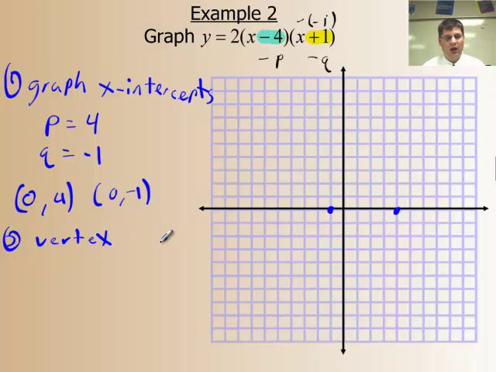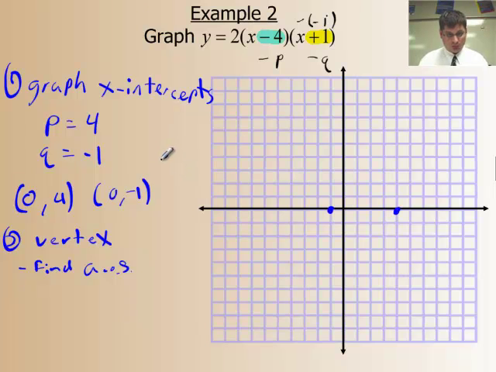Okay, next we're going to find the vertex. To do the vertex, we have to find the axis of symmetry first. So we could actually make that our second step: find the axis of symmetry, and then we're going to find the vertex off that.